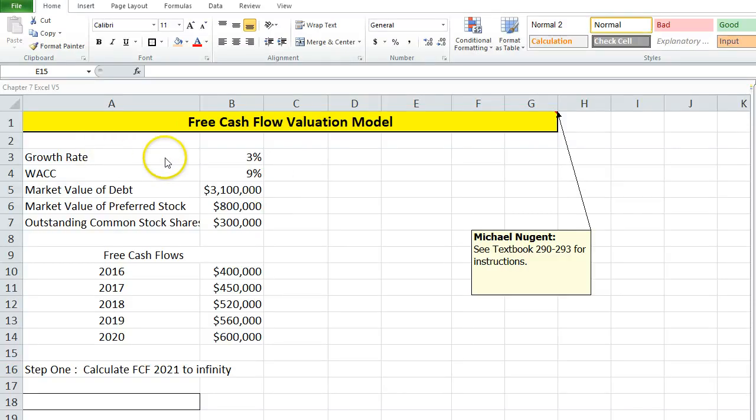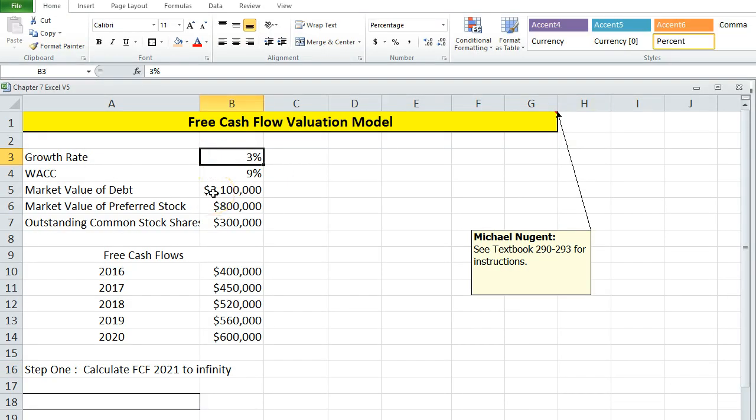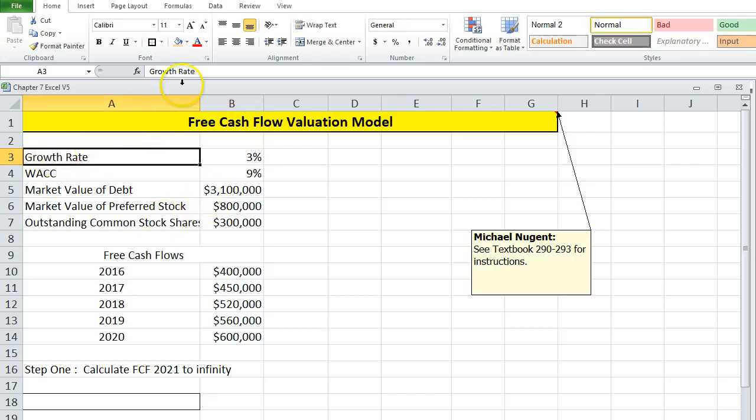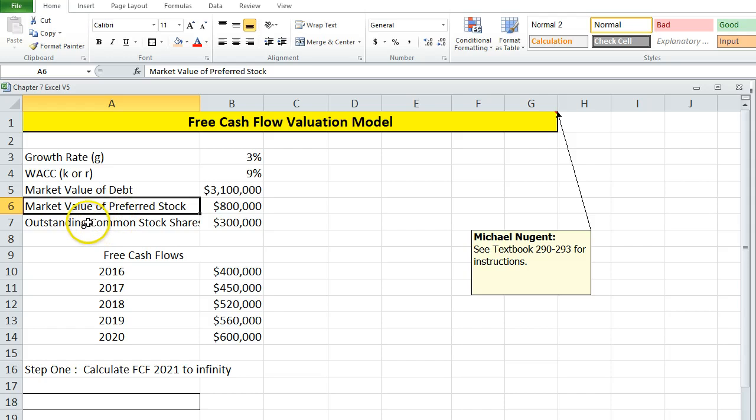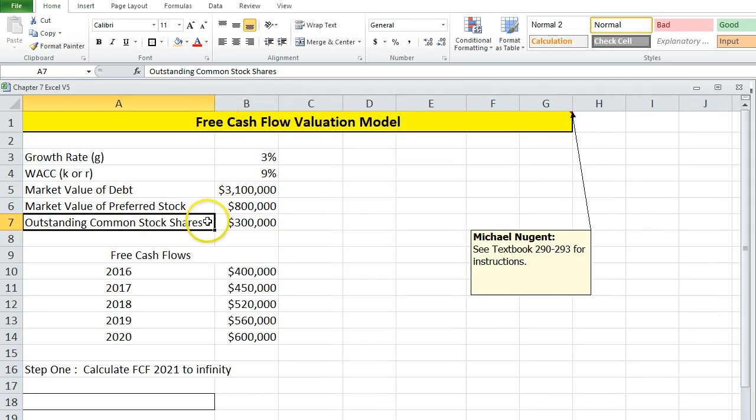What we have here is the growth rate, and from the problem the growth rate is 3%, so the variable here is G. Then the weighted average cost of capital, which is basically our K or R variable. The market value of debt, the market value of preferred stock, and the common stock shares outstanding.